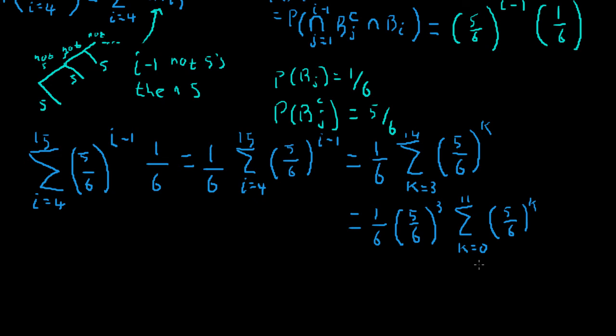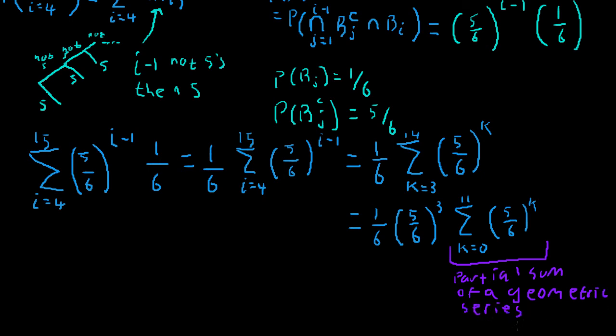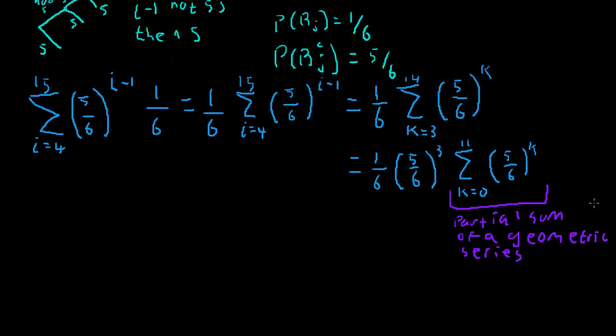Now we start at 0, but this guy over here is the partial sum of a geometric series. The general formula for summing up that geometric series, well, it starts at 1, because 5/6 to the 0 is 1. Then we have 5/6, 5/6 squared, and so on. That's a geometric series.